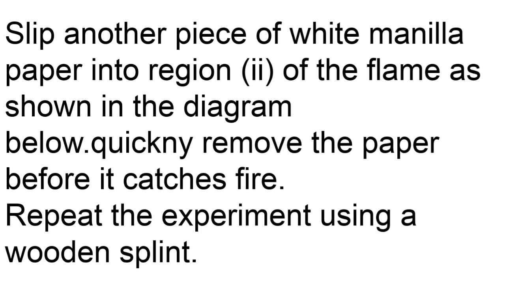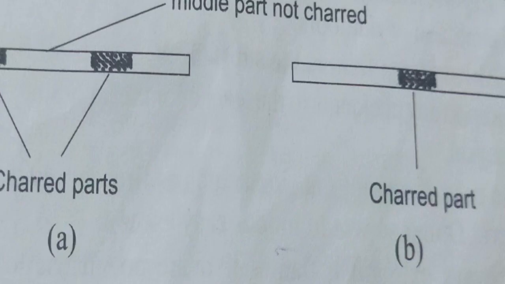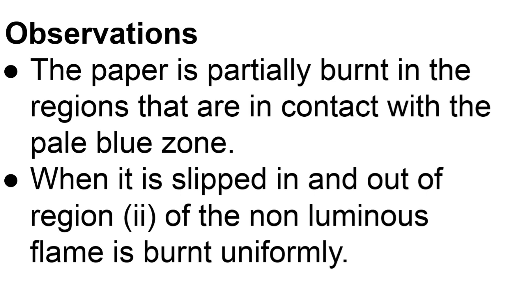The above experiment is repeated using a wooden splint, and the results are as shown below. Now it is noted that the paper is partially burned in the regions that are in contact with the pale blue zone.